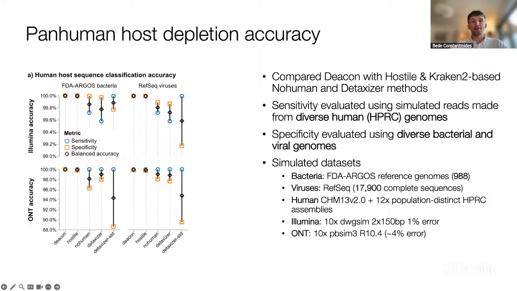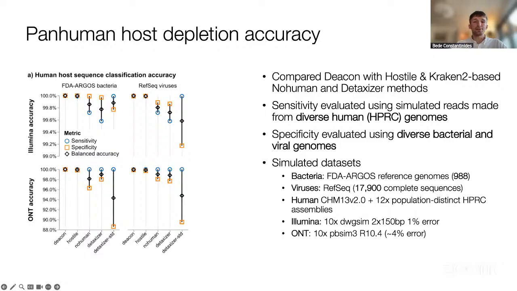In the previous slide we saw that Detaxizer was very sensitive, but here we can also see that its specificity was very poor in this benchmark. Basically the Kraken-based methods, both of them, Detaxizer and NoHuman, struggle, with NoHuman discarding 4% of simulated bacterial reads.